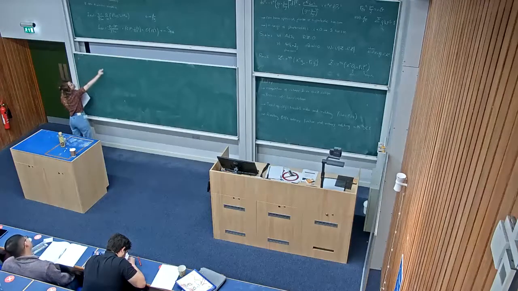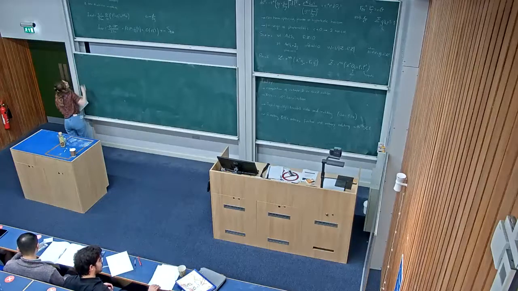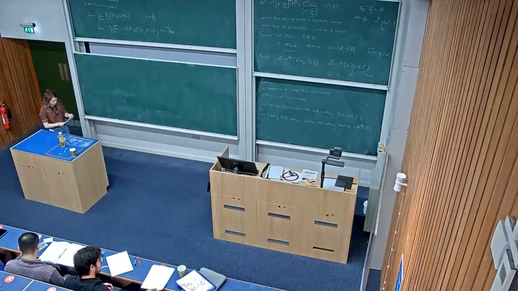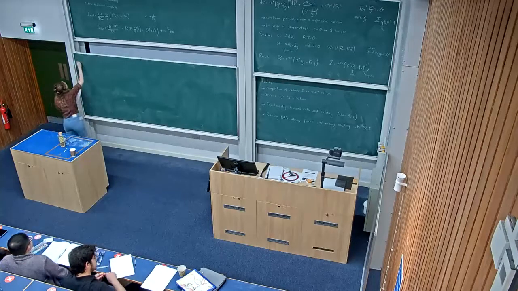So this black hole we need to associate to the partition function of the dual field theory. And the dual field theory will be ABJM.